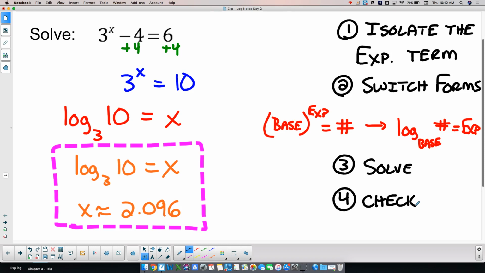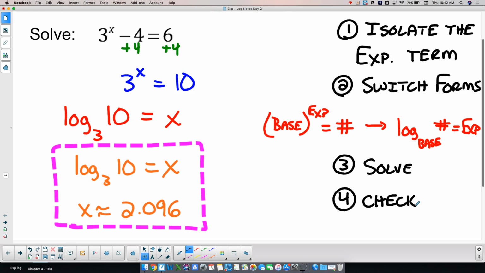You can leave it on your calculator and you can go 3 to the answer, and that gets you 10 if you leave it on your calculator. If you round it, you would get 3 to the 2.096. You'd get 10.0011-ish. And then you subtract 4, and you get 6. So you checked your answer. It works out. Yay for us.